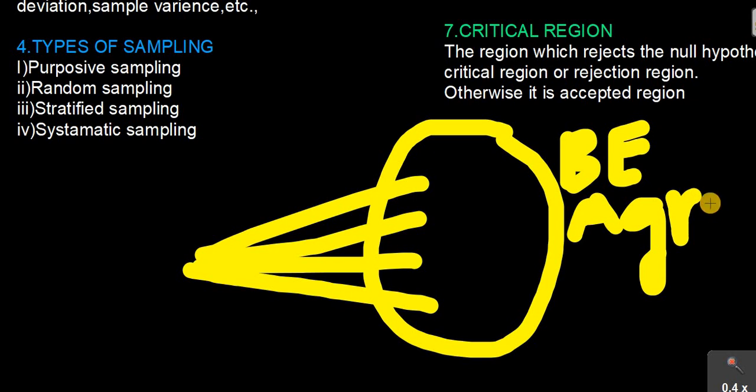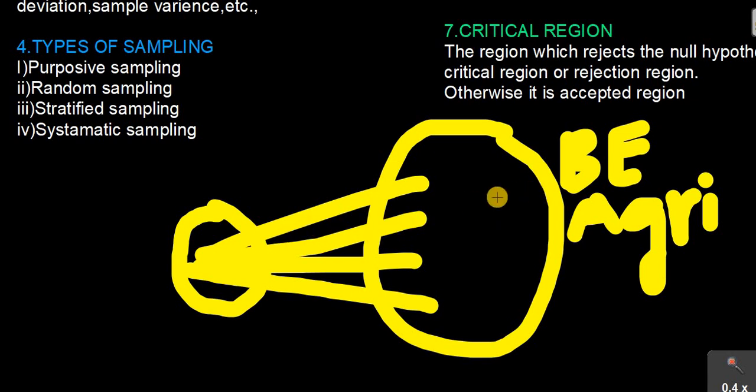From this particular class, I want to know the average height of the students. So I am taking some students from that and making one sample. This is called purposive sampling. Why purposive sampling? Because I have taken the sample purposively.